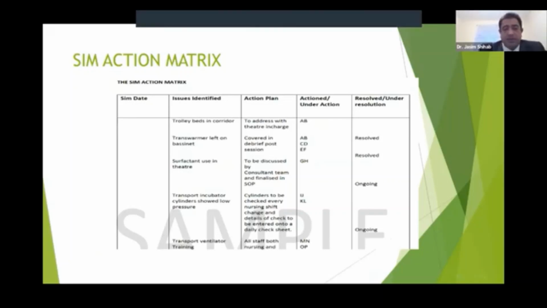This is a sample where we say trolley beds were in the corridor. So we had to talk to the theater in charge, who had to sort that out. We put an action plan in place, arranged somebody to undertake that action, and put their name against it. And we saw every day how things were being resolved and new things cropping up. So this is still ongoing.